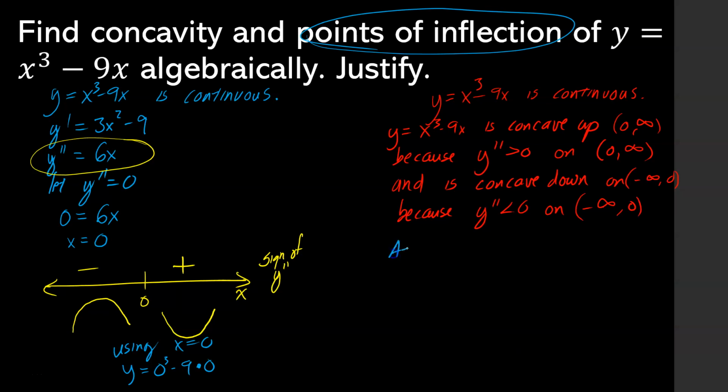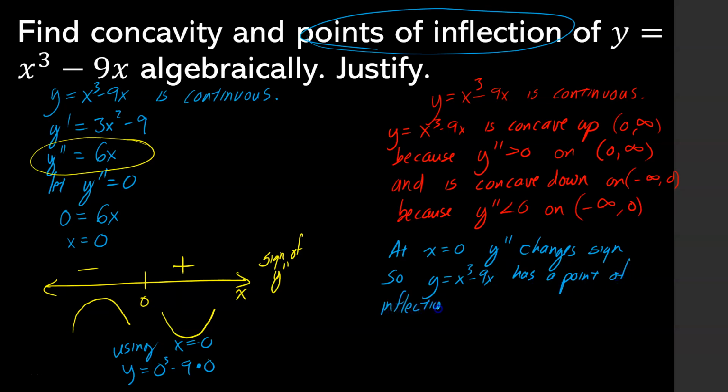So at x equals 0, y double prime changes sign. So y equals x cubed minus 9x has a point of inflection at that same spot, at x equals 0.